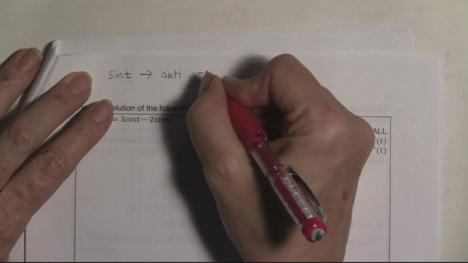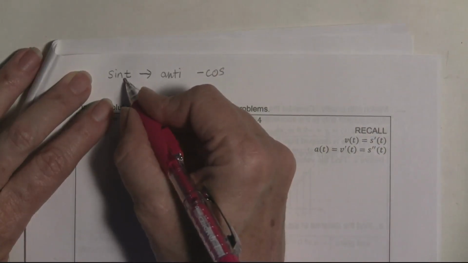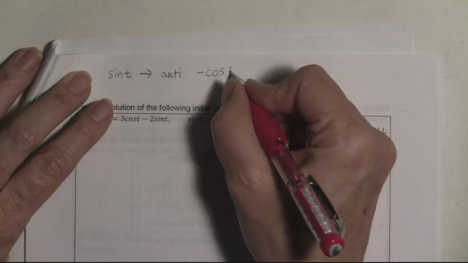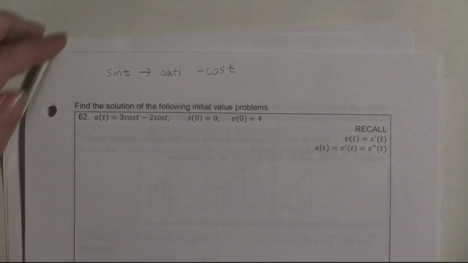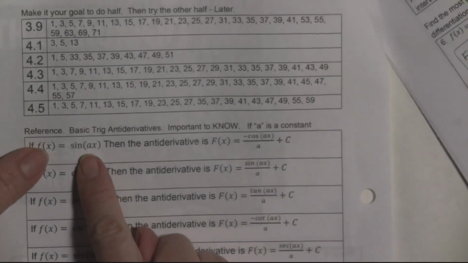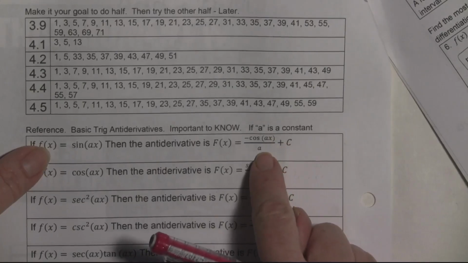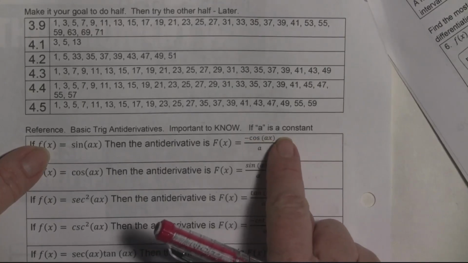would be negative cosine. My a is 1, because I don't have a coefficient of t, plus a constant, right? I'm just making sure I'm putting in a is 1 right here, so divided by 1, so negative cosine of x.